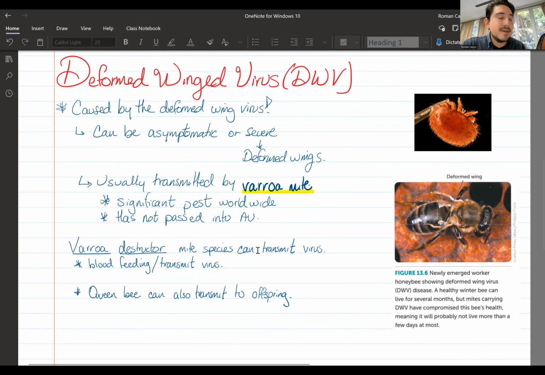This has a vector, which is the varroa mite, usually transmitted by the varroa mite, and it is a pest. The varroa mite is a pest worldwide, which can contain this virus.